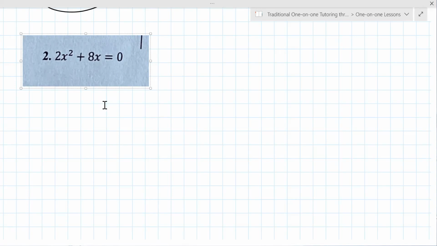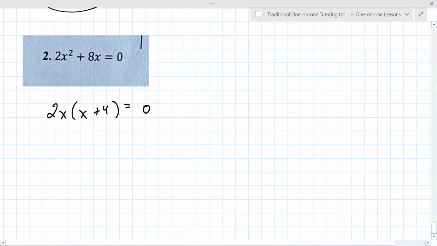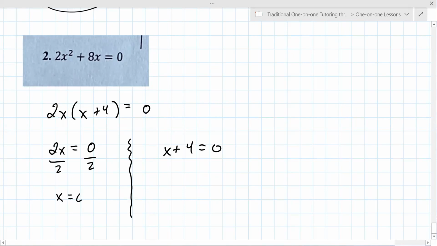Okay, wait, I have a question. Okay, go ahead. So once you get to 2x equals 0 and x plus 4 equals 0, do you have to subtract over the 4? You have to write each of these separately equal to 0. Did you do that? That's what I have right now. They're totally separate problems. So you divide by 2, and then you subtract 4 from both sides.